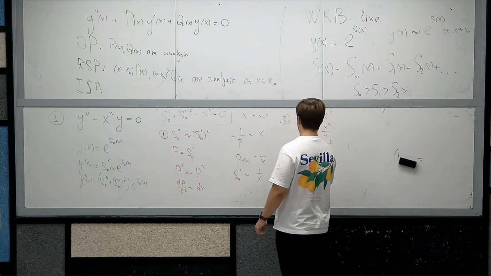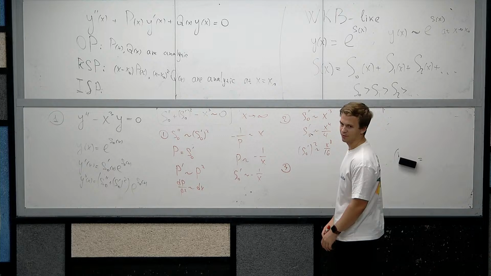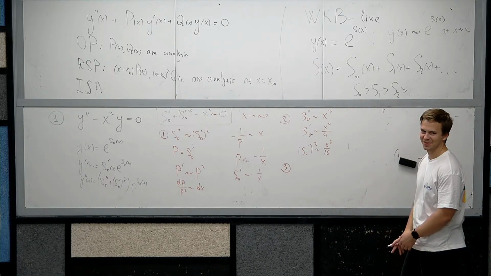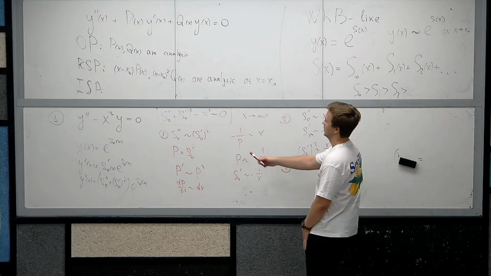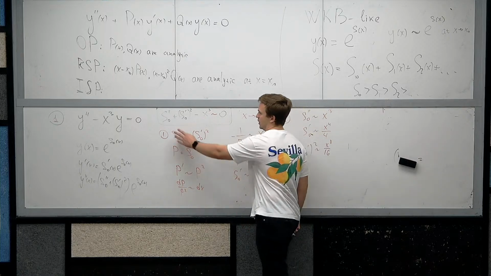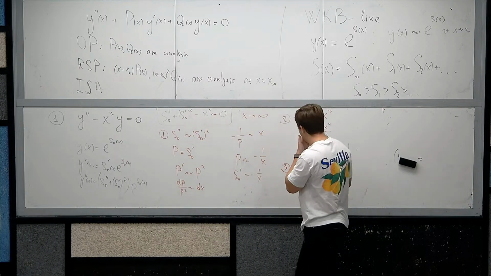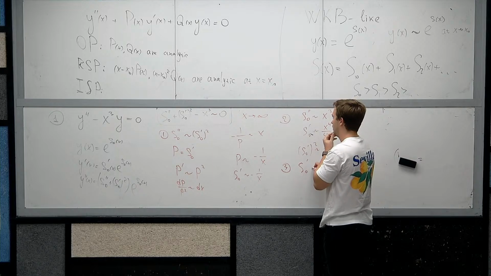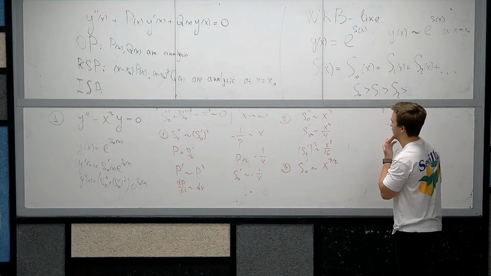Okay, third one. Tell me what pair I should pick. Maybe you can pick the right one. It's S naught prime squared and this. Like both of them, right? Yes. So we neglect this and say that this behaves like this. Exactly. So then S naught prime is like x to the 3/2, right?